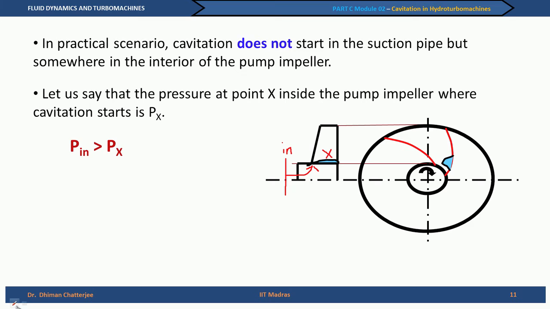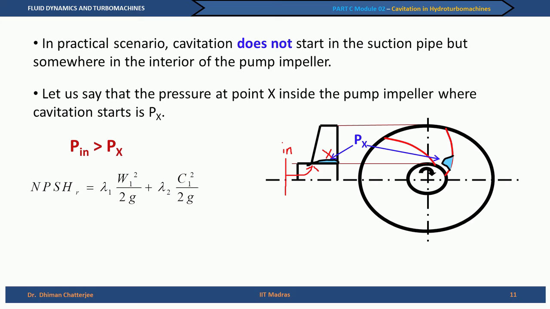You see that we are talking about this pressure difference P in minus P x because of the curvature of the flow taking place as it enters, or because of the acceleration of the flows. We find that P in is not equal to P x. In fact, P in will be slightly greater than P x, and this difference of pressure is known only to the manufacturer, because it is the manufacturer or the designer of the pump who has designed the pump internals.